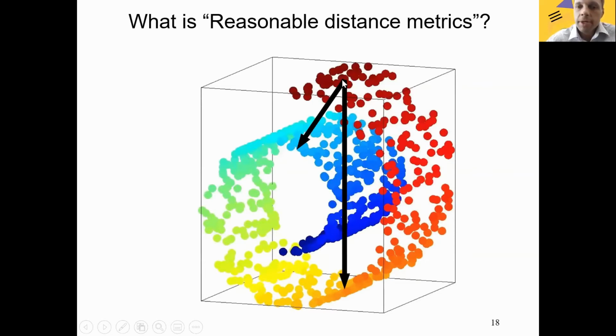The question is how to estimate distance. Of course, we can take some point here and imagine that we would like to estimate the distance to the point here. That means we would like to estimate the distance between two images.